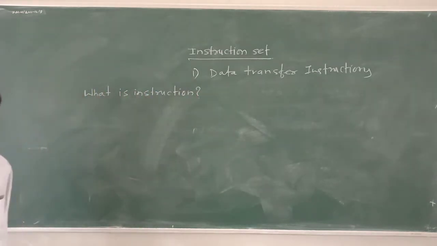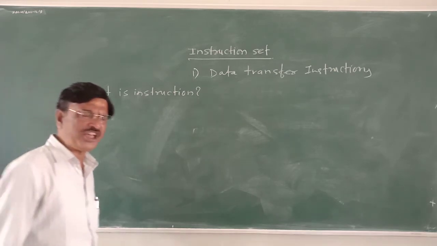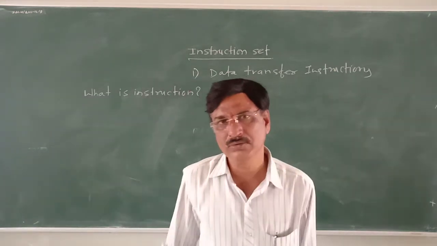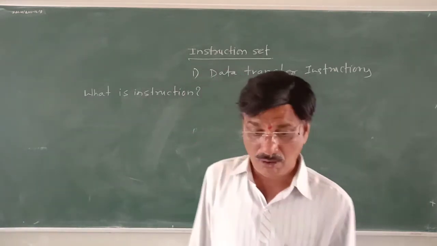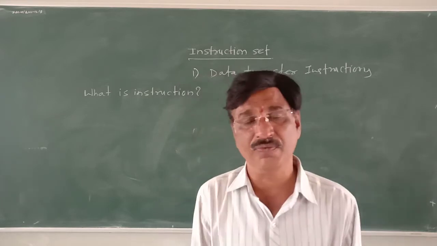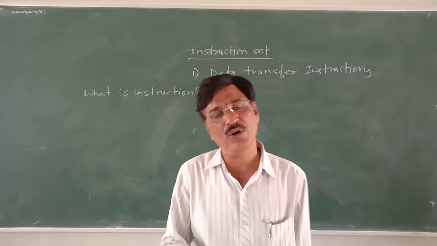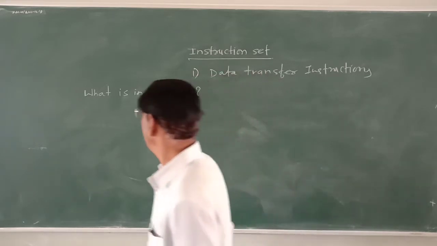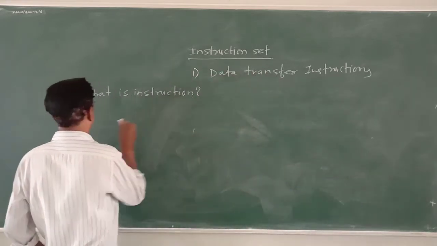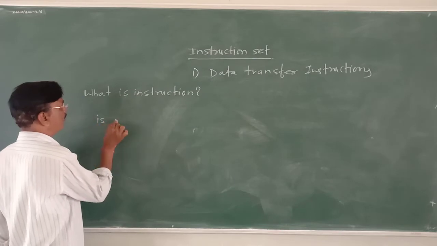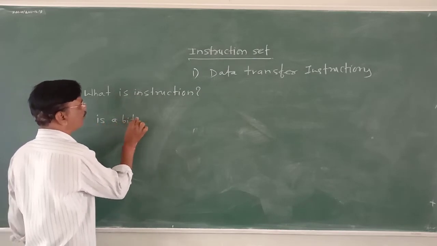Instruction is a bit pattern, because we know that the microprocessor can understand instructions only in the form of 1 and 0. So obviously an instruction of 8085 is in the form of 1 and 0.